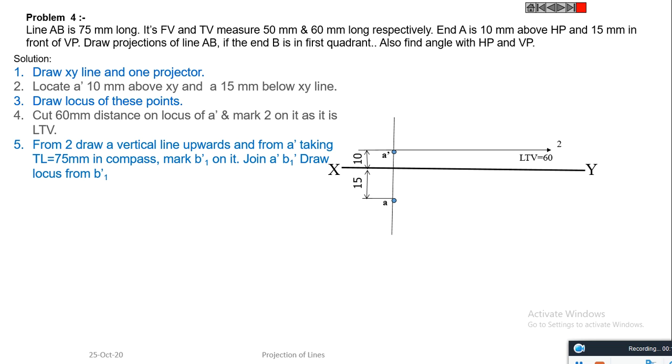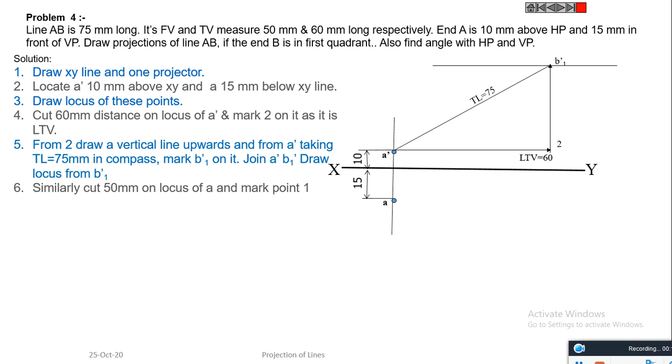From 2, draw a vertical line upwards, and from A dash, taking true length equal to 75 millimeter in divider or in compass, mark B1 dash on it. Join A dash B1 dash. Now draw the locus of B1 dash also.